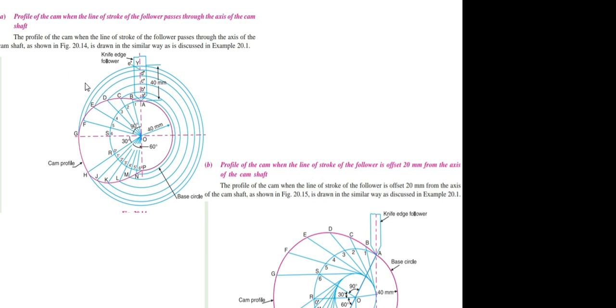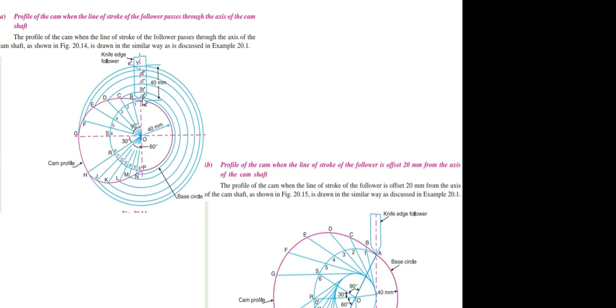Whenever it is given that the cam is rotating in anti-clockwise direction, divide the base circle in clockwise direction. When nothing is mentioned, assume that the cam is rotating in clockwise direction and divide the base circle in anti-clockwise direction.